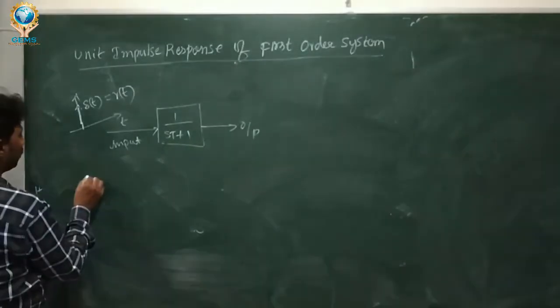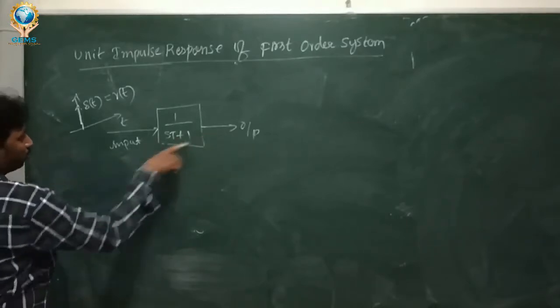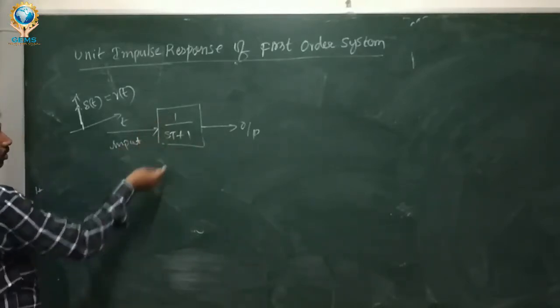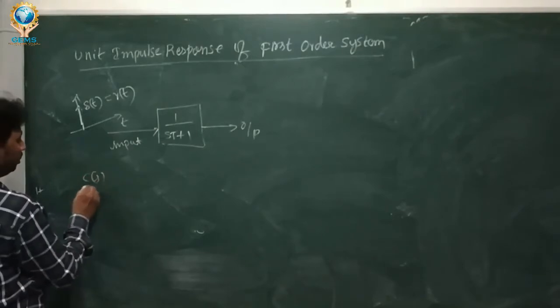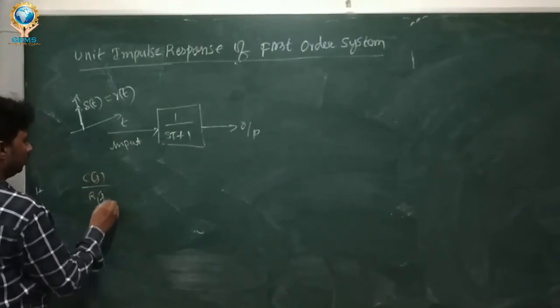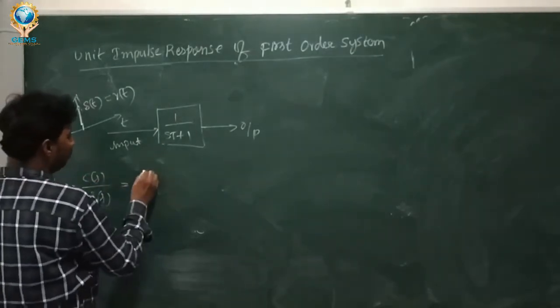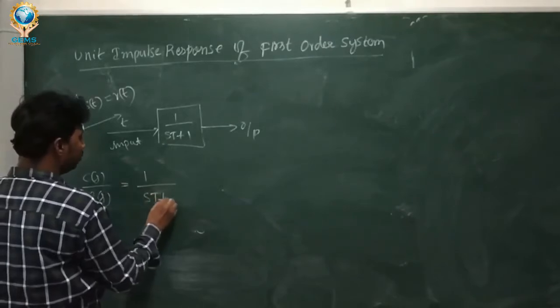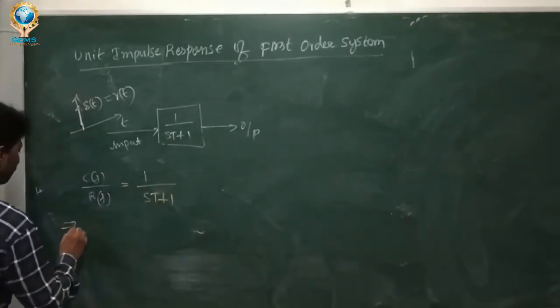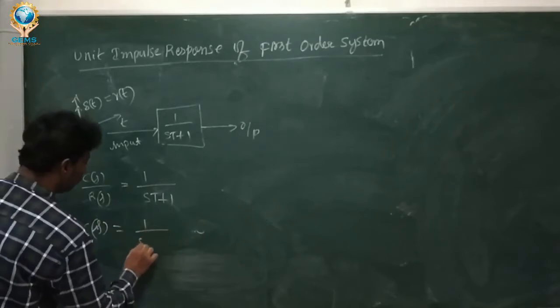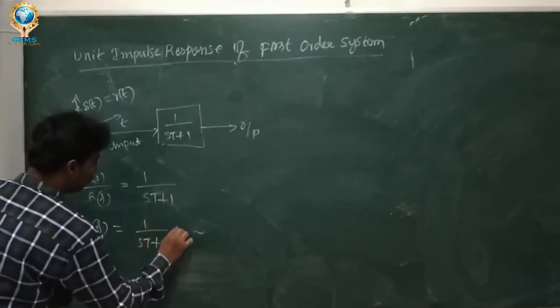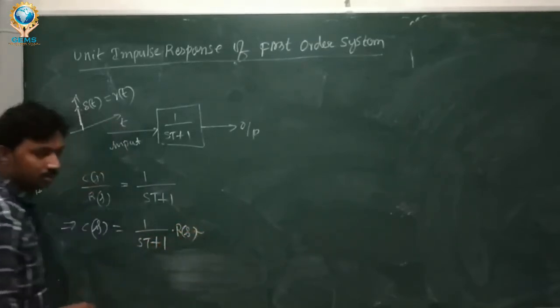So what is our transfer function? Laplace transform of output by Laplace transform of input is equal to 1 by sT plus 1. So C of s by R of s is equal to 1 by sT plus 1. So what is C of s? C of s is equal to 1 by sT plus 1 into R of s.